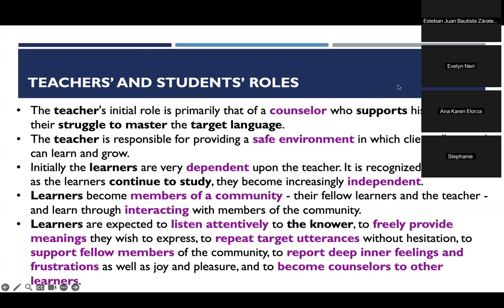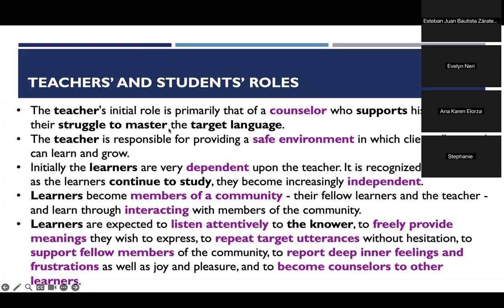So, all the time it's: teacher, how do you say this in English? Learners then become members of a community. Their fellow learners and the teacher are part of that learning community, and they establish interactions among the members of that community.